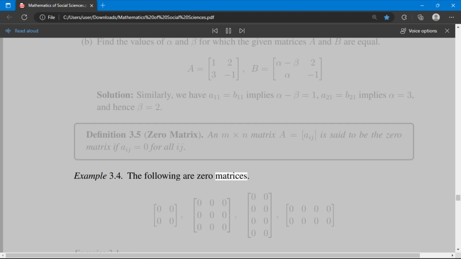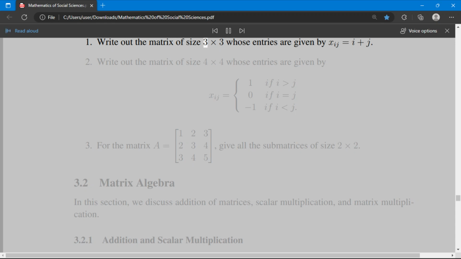Example 3.4. The following are zero matrices.